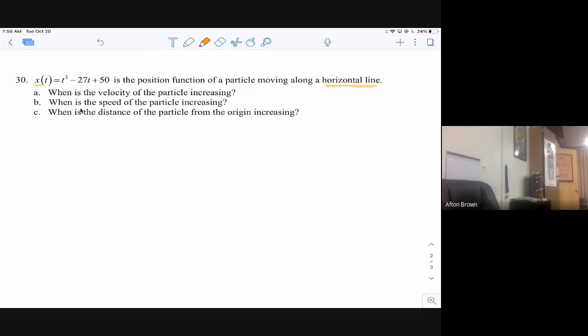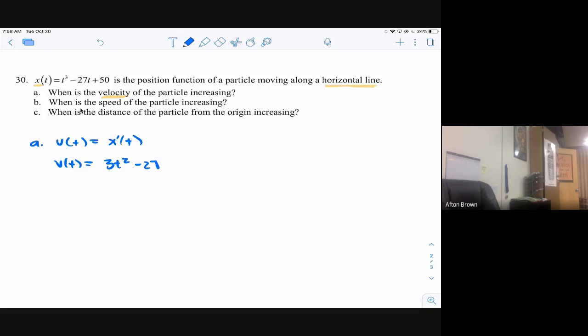When is the velocity of the particle increasing? How do we find velocity? Take the derivative of position. Perfect. Exactly. Velocity is just defined to be the derivative of position. So velocity would be 3t squared minus 27. In order to know where velocity is increasing, that's where the second derivative is positive, right? Good, because you would need the slope.